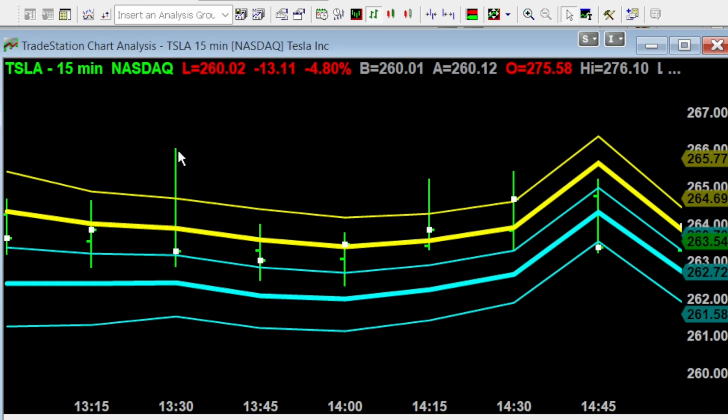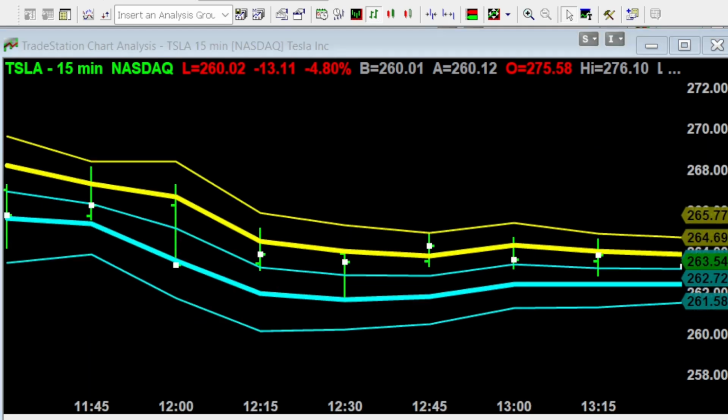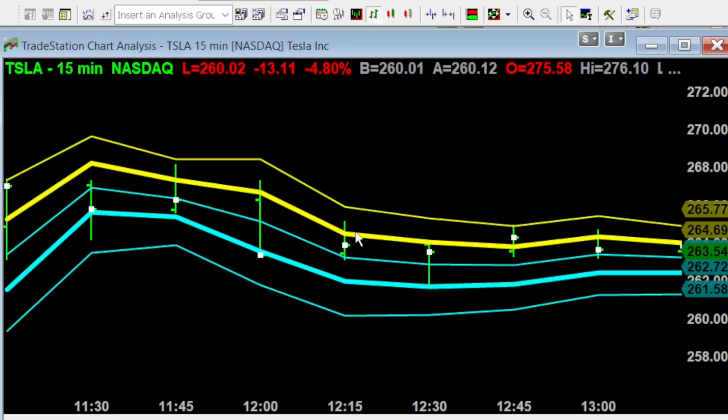So when it increased to this price of $265, it continuously dropped down to the closing price of $263 for this 15 minutes. So that's still $2 of difference even within this 15 minutes fluctuation. When it dropped down to this blue support trend line, the next 15 minutes it increased to the yellow trend line again.